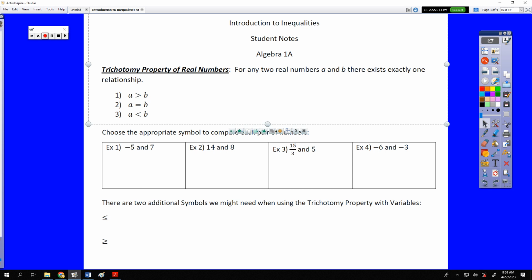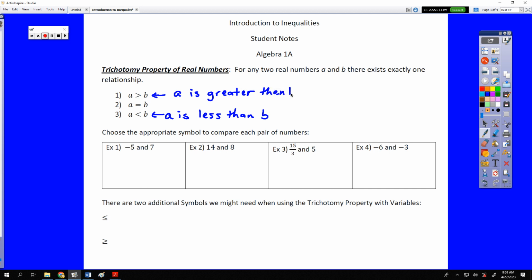Either A can be less than B, A can be greater than B, or A can be equal to B. Okay, there are three different ways that numbers can interact. They can be equal, A can be greater than B, or A can be less than B.